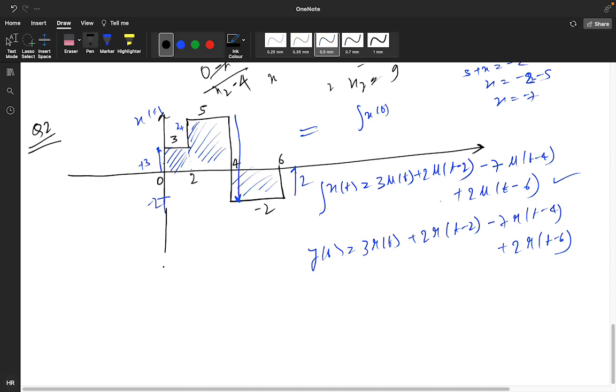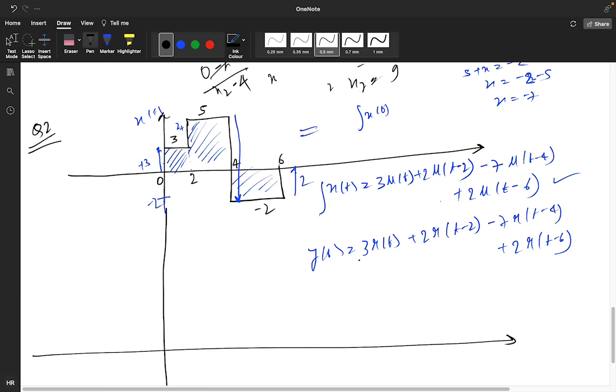Now you need to represent this equation graphically. So 3 r of t means you are getting one particular slope, that is 3. This is 0. This is your y of t. Now what's happening at the 2 point?